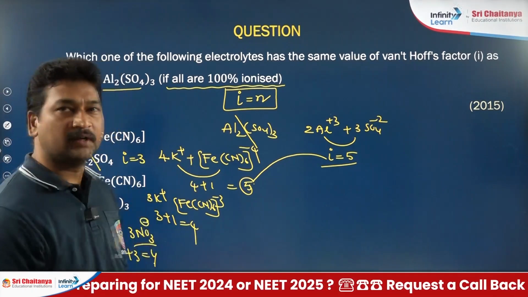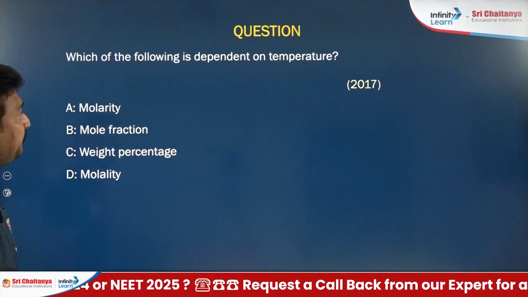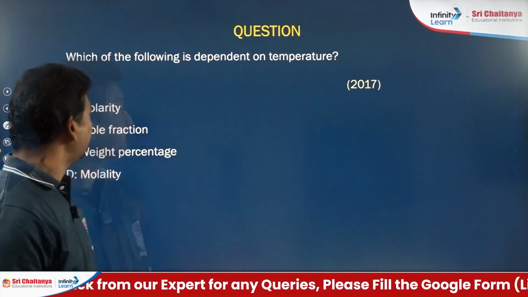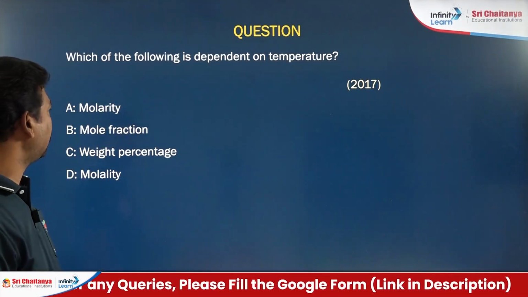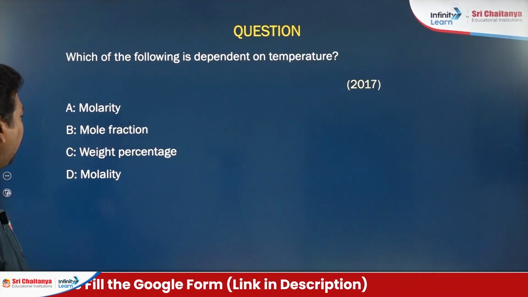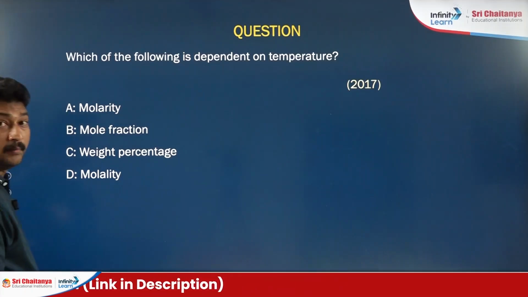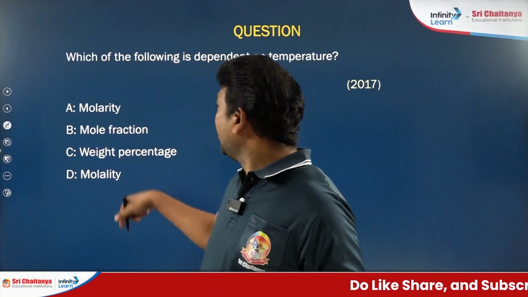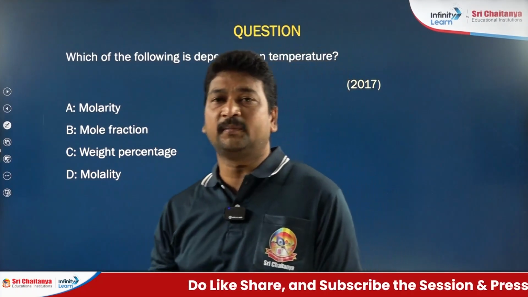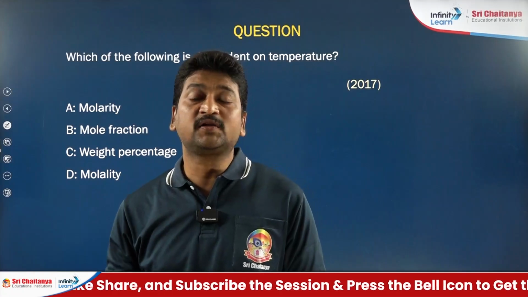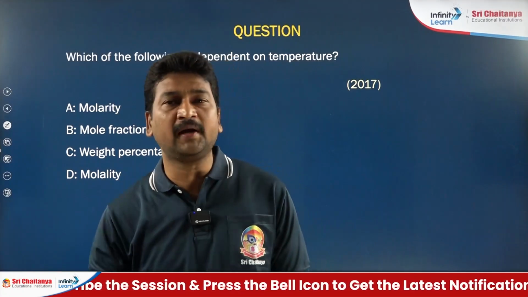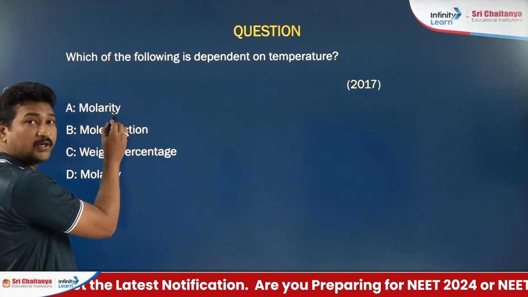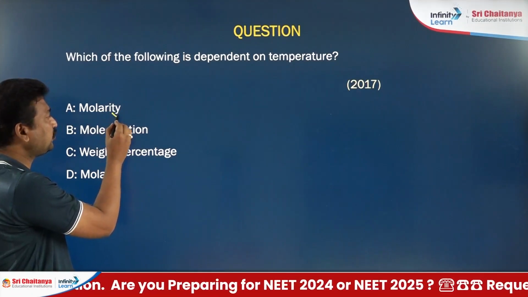Okay, my dear students, next question. Which of the following is dependent on temperature? These are all previous year questions. The options are molarity, mole fraction, weight percentage, molality. Except molarity, all the remaining do not depend on temperature. Why? Because molarity is volume based, while all the remaining are weight based. Molarity is the number of moles with respect to volume.